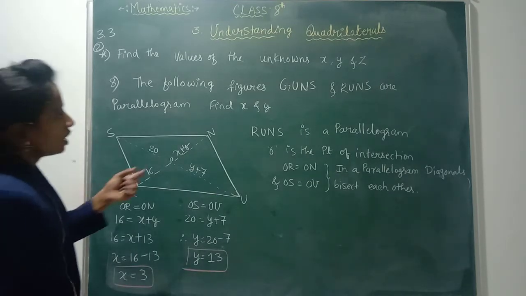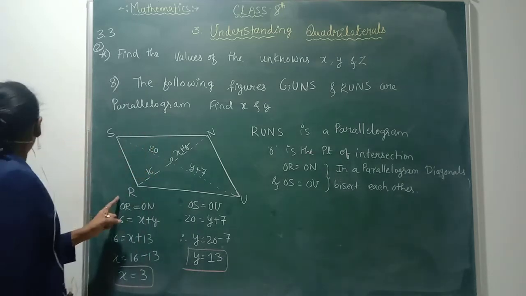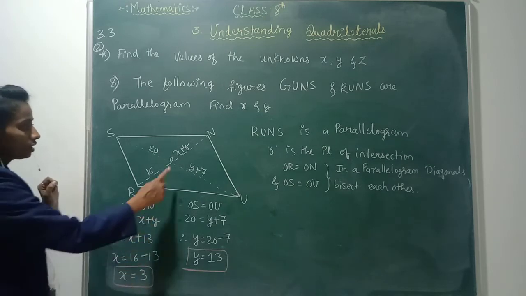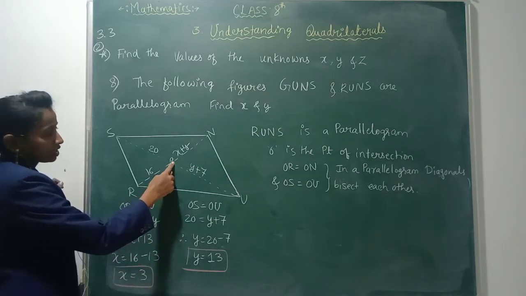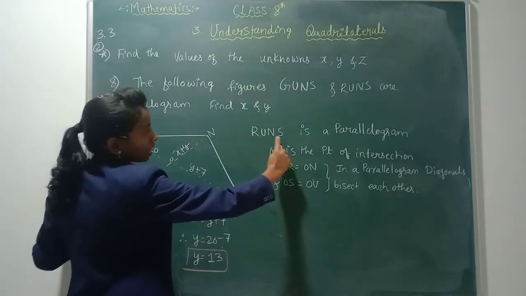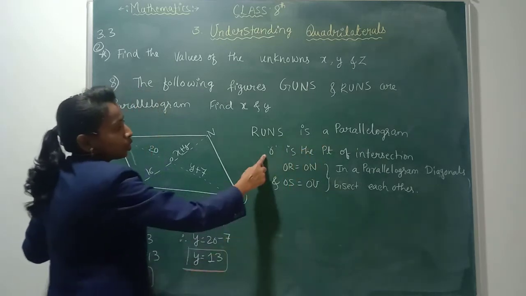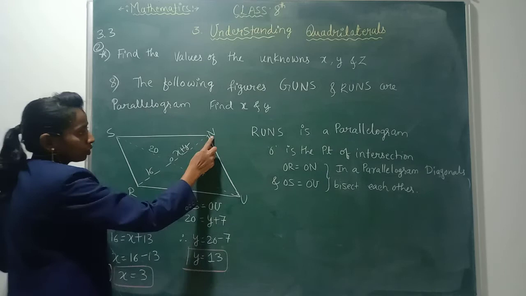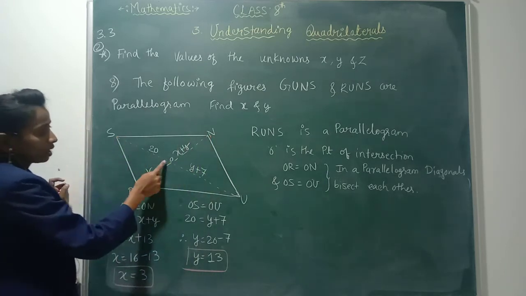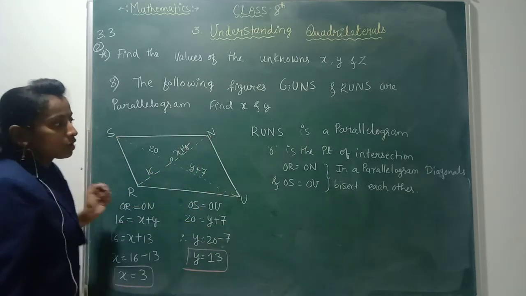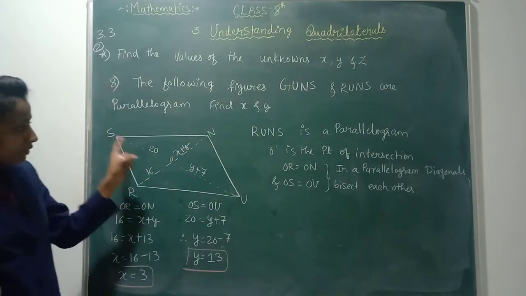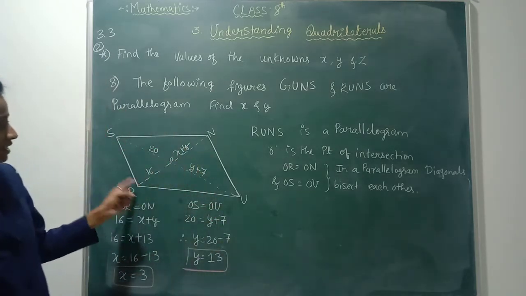Students, again RUNS is a parallelogram. RUNS is a parallelogram. In that O is the point of intersection. So OR is equal to ON and OS becomes equal to OU, because in a parallelogram the diagonals bisect each other.